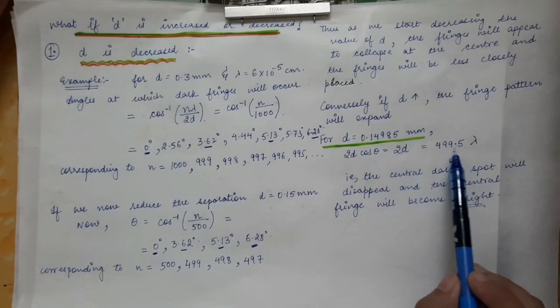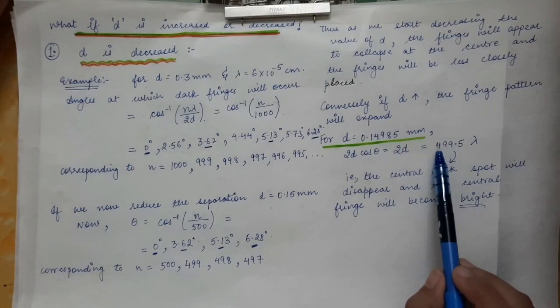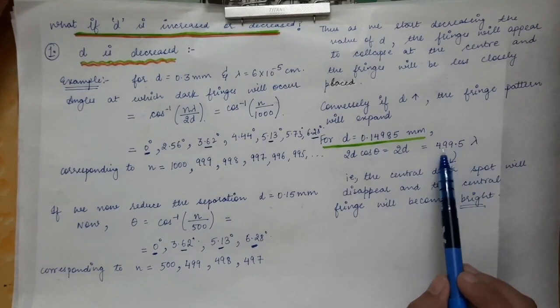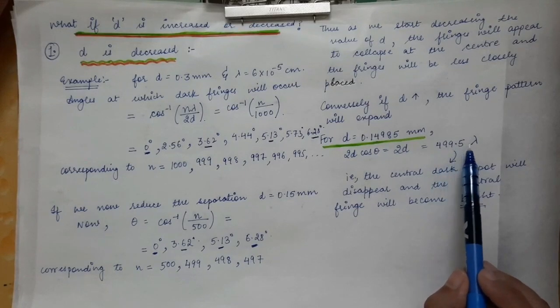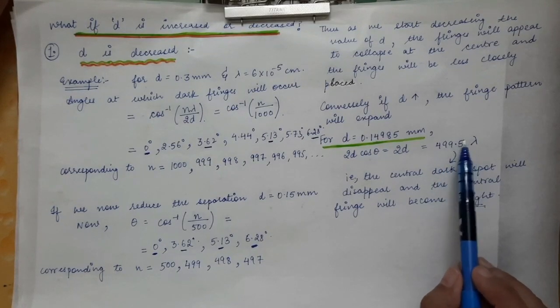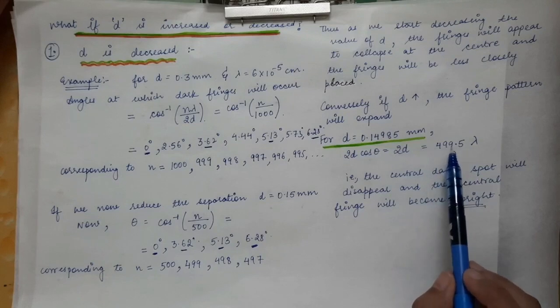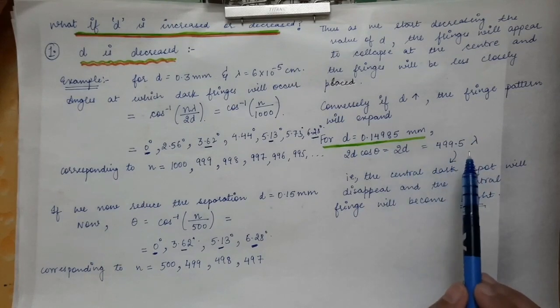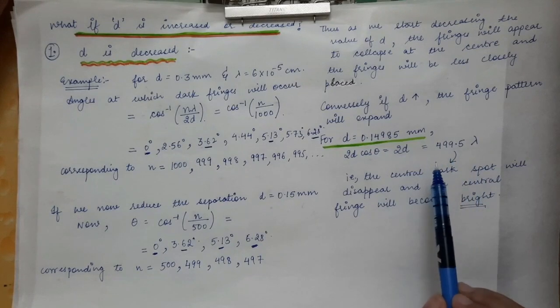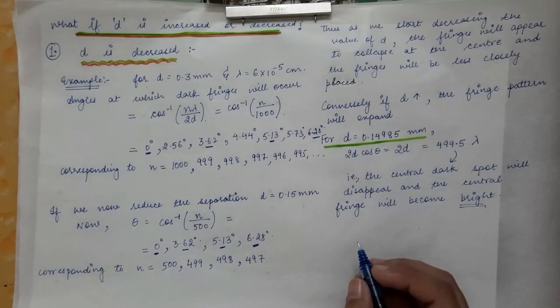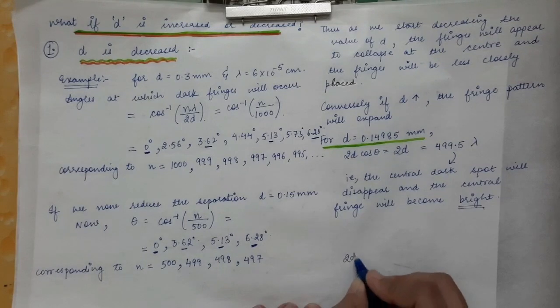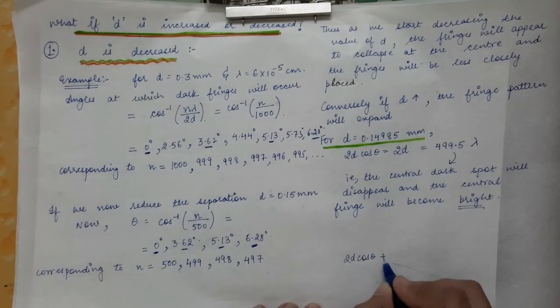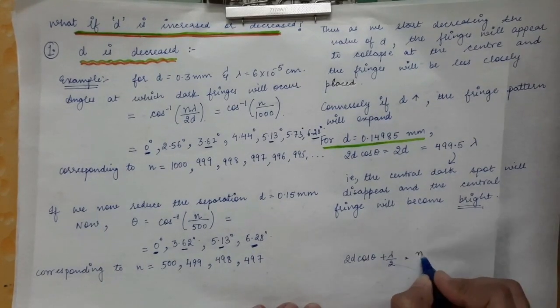Now this is nothing but n plus half lambda. Here we have 0.5, which means this is 499 plus half, which is n plus half. So 2d comes out to be equal to n plus half lambda. And this is the condition of constructive interference. The condition of constructive interference is 2d cos theta plus lambda by 2 is equal to n lambda.